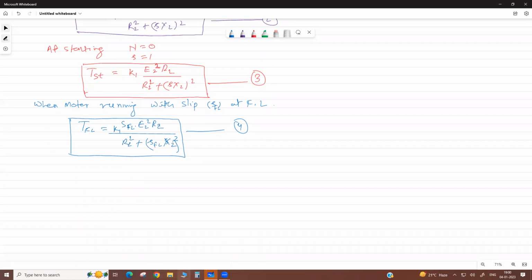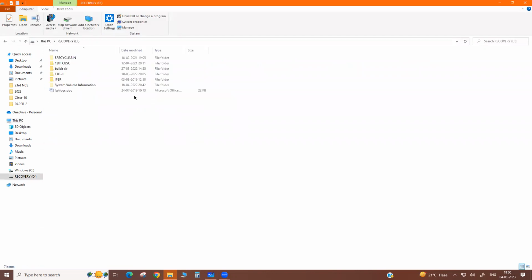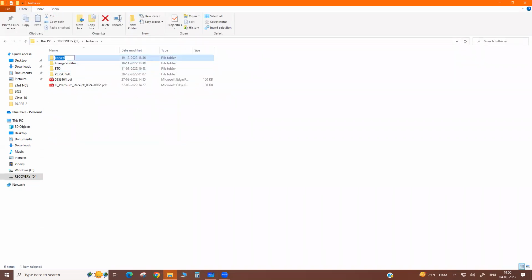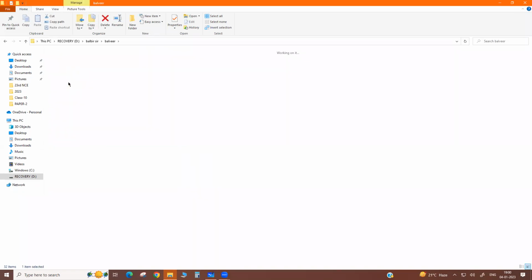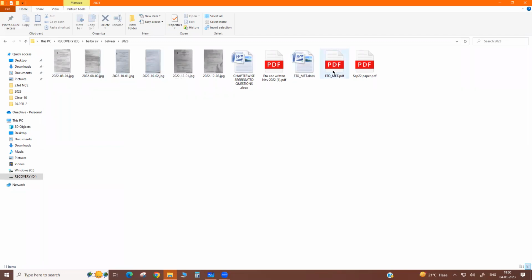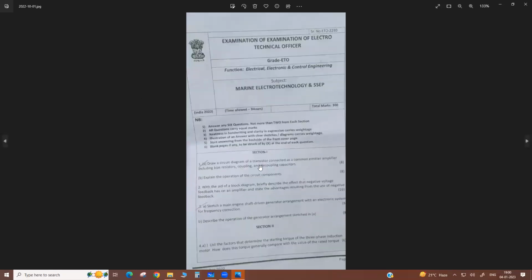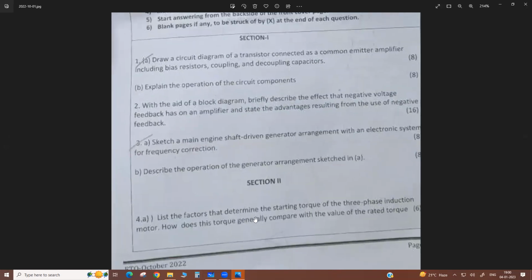It was in October: list the factors determining the starting torque of a three-phase induction motor, then how does this torque generally compare with the value of rated torque?